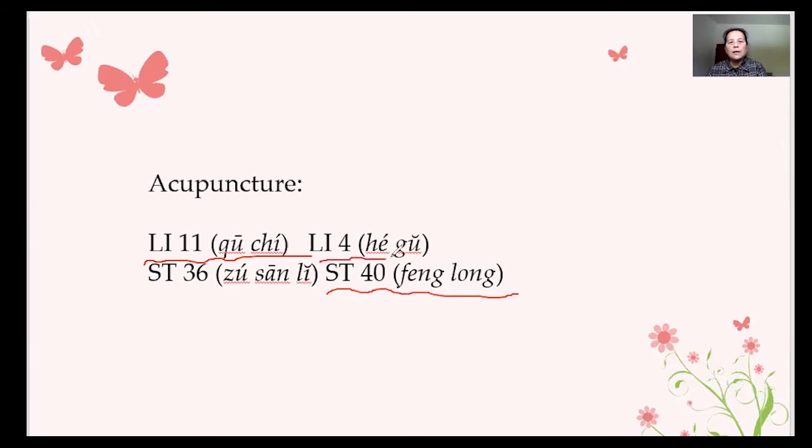LI4 helps with qi circulation, so everything is moving. And for the weakness, generally we say it's related to spleen qi deficiency, the transformation and transportation not working properly. So we add Spleen 36 to tonify them.